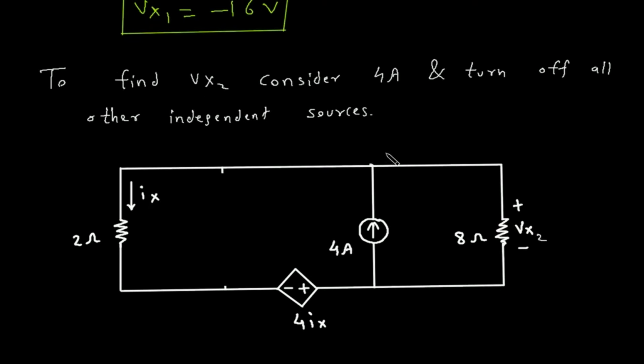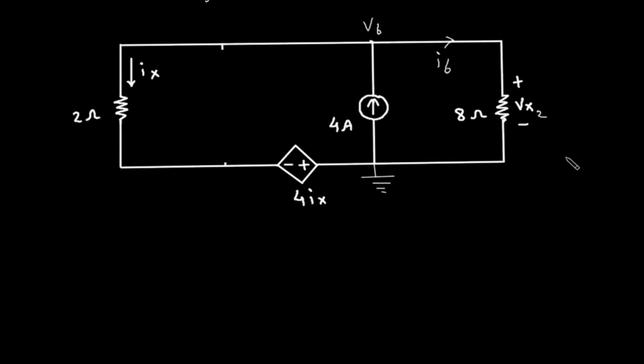Now let's say this is node VB and this is ground. So this current will be IB, this current is Ix and this current is 4 ampere. Now we can apply KCL at node VB. So summation of all the entering current at this node is 4 ampere is equal to leaving current.